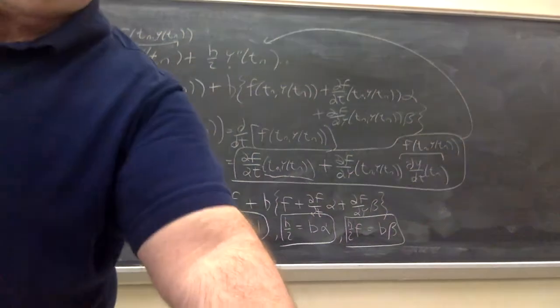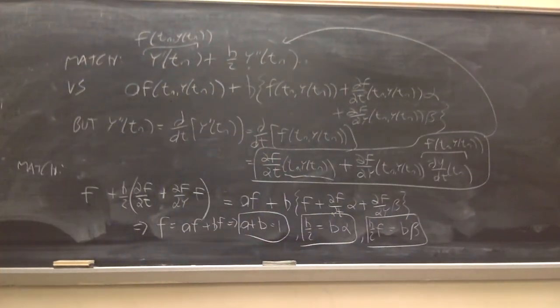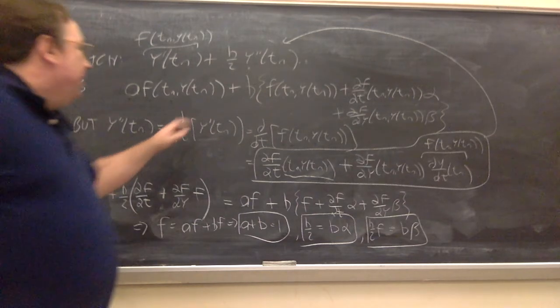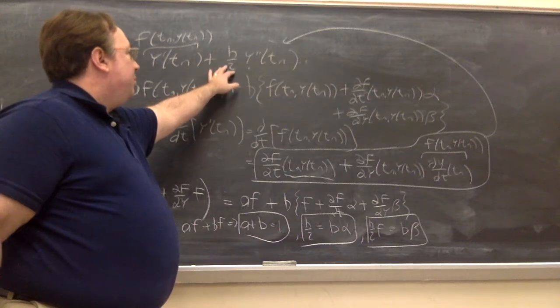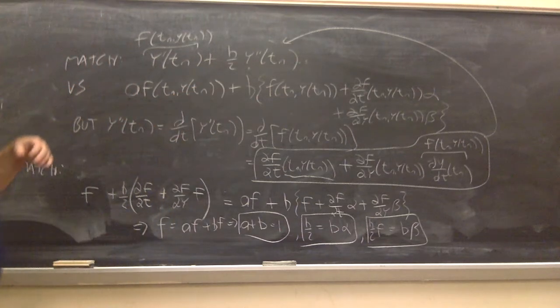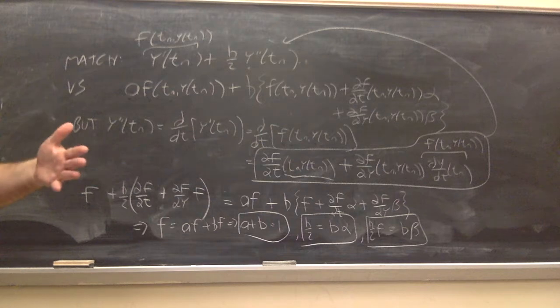So those are the three conditions that need to be satisfied in order to make this method have second order. Because then the next term that will show up from here will be order h squared term from this, and order of h cubed term overall. So we want to deal with it because all we want is second order accuracy.